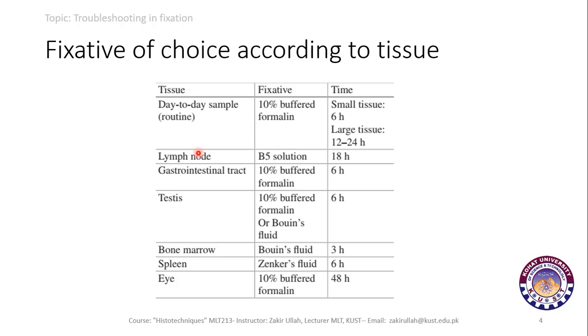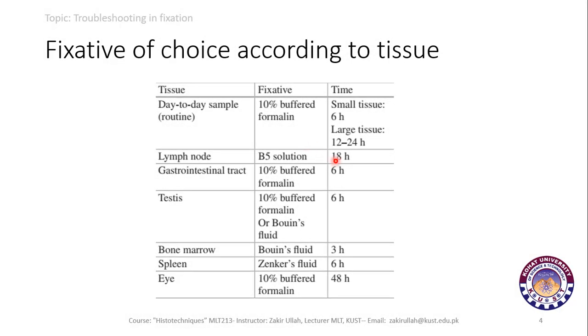If the tissue type is lymph node, for that we use B5 fixative. The time for B5 fixation is 18 hours, so in 18 hours the lymph node can be fixed in B5.